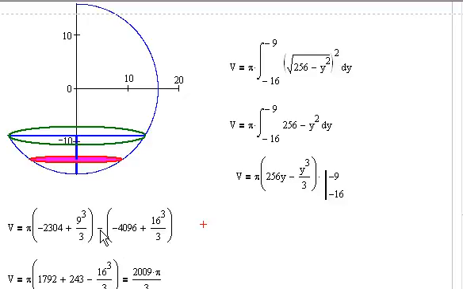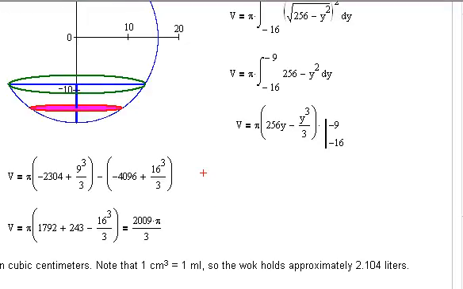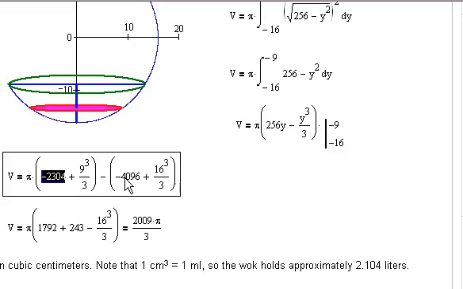But we also have minus -4096. That's 256 times -16. So minus -4096 plus 16 cubed over 3. Well, that's not going to be quite as nice as the other one. But nonetheless, we can do this part. This is negative, this 4096 is positive, and when you combine, you get 1792.